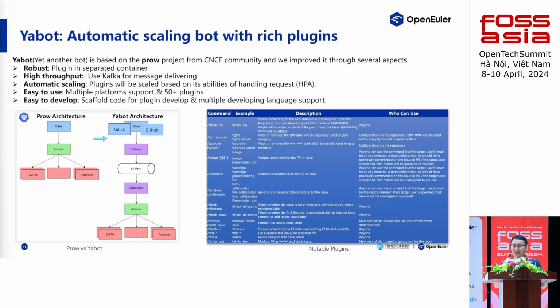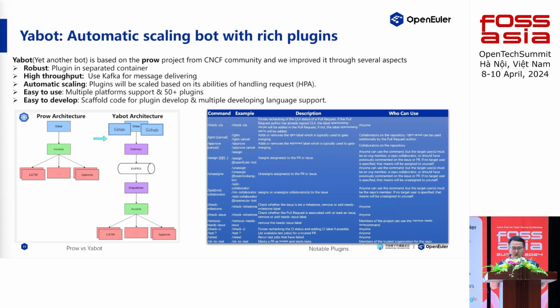The first one is about bots. If you have ever been in open source communities, you must have learned that there is a bot application used to collect all the different applications into the pull request.